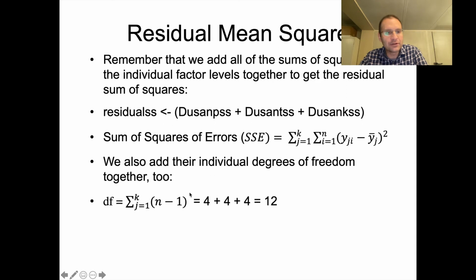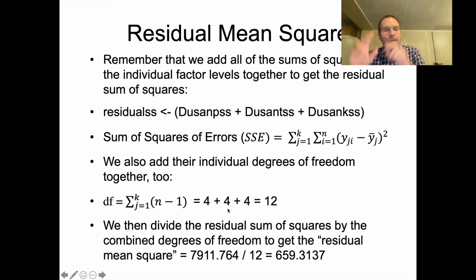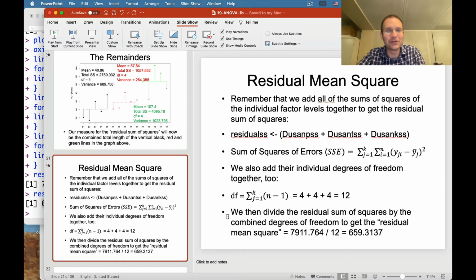You also have to add together the degrees of freedom for the different factor levels. There's 4 in each case, but you can use this equation to do that. So just summing from j equals 1 to k, or 3 times, add 4 to each other to get 12. And that's how I get this mean square construction, or variance is how we normally call it.